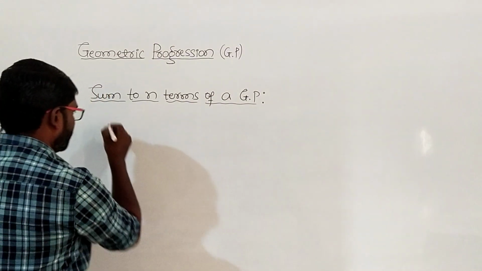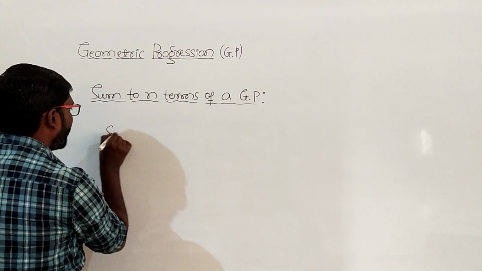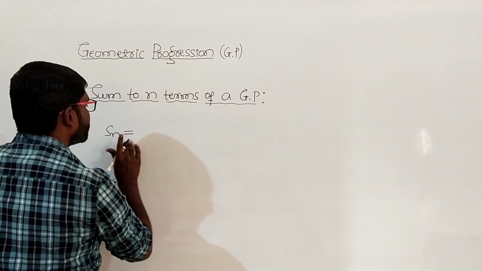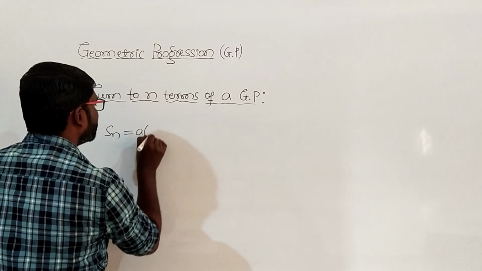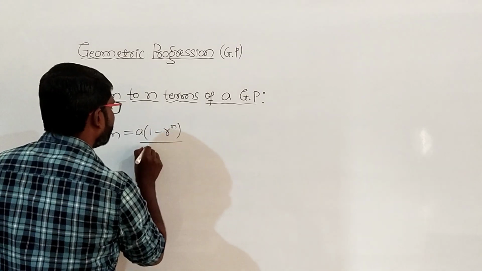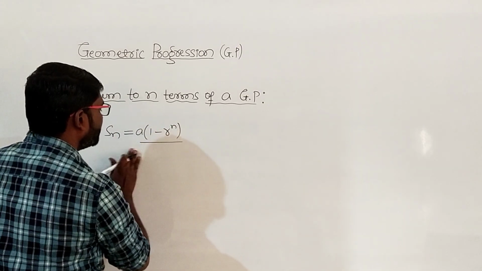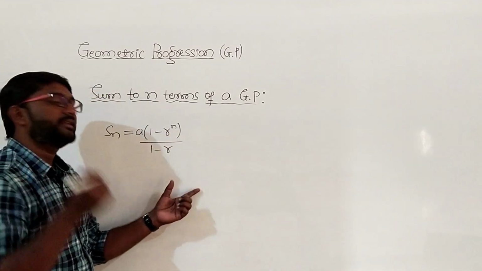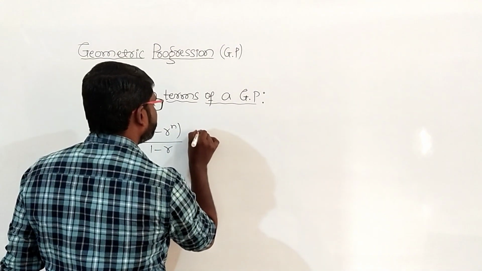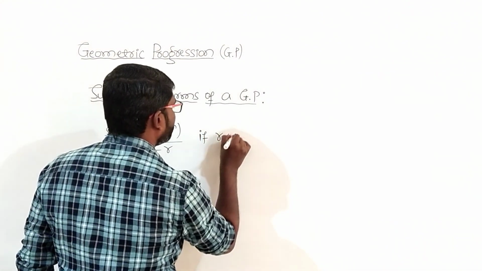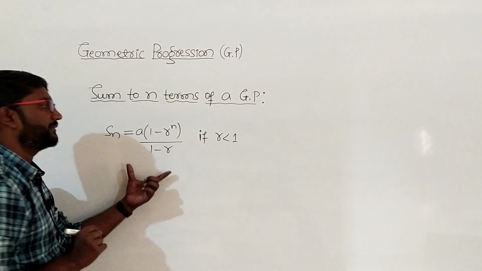Sn equals A into the bracket 1 minus R raised to n, divided by 1 minus R, if R is less than 1. This is the standard formula.